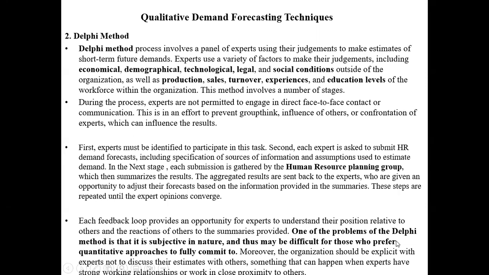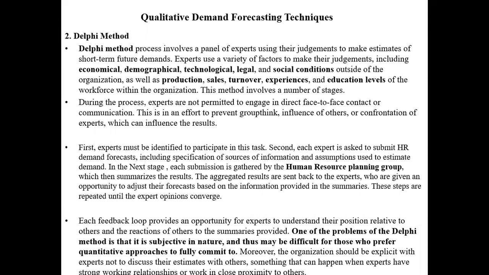One problem of the Delphi method is that it is very much subjective in nature, and it may be quite difficult for those who prefer a quantitative approach to fully commit to it. Because with the quantitative one, we are all picking the data from one source and we are running the analysis, regression. We are using the software to do it. And the numbers that come out as far as the results are concerned will be easily interpretable.